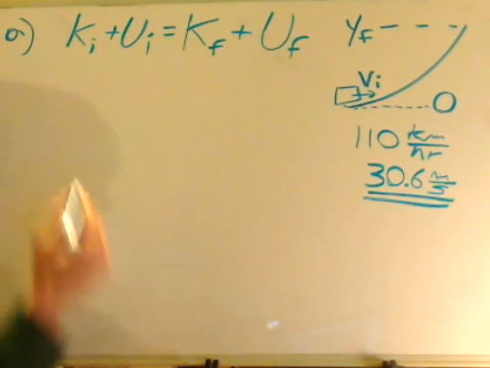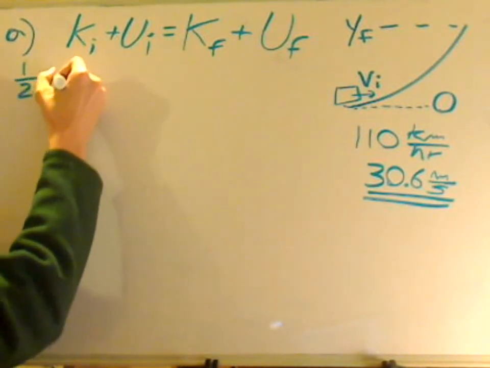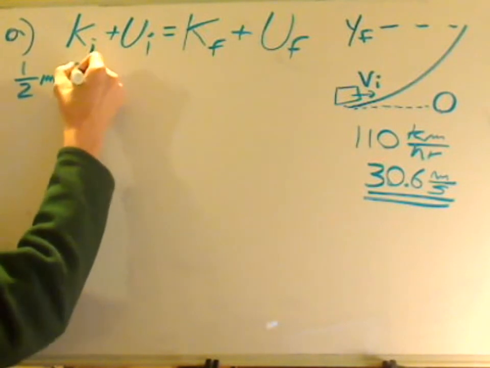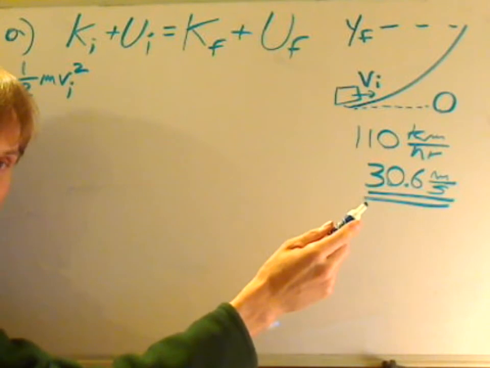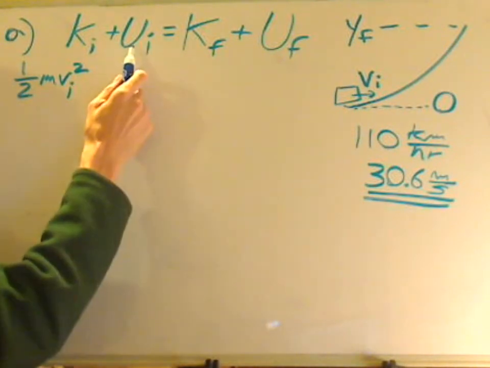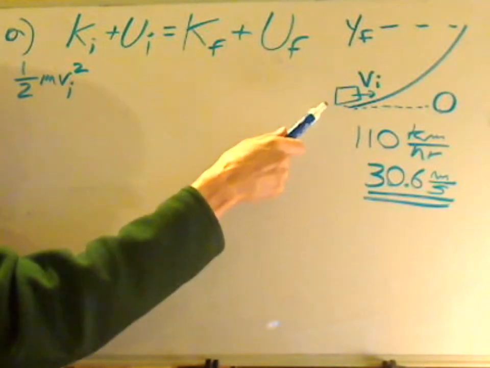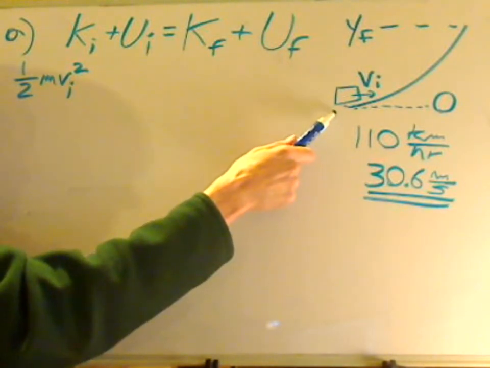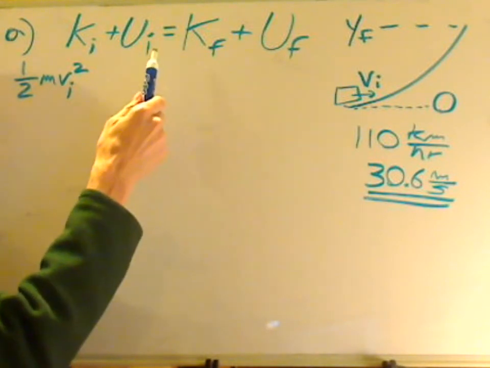All right, so our initial kinetic energy is 1/2 m v initial squared, where v initial is our 30.6 meters per second, plus potential energy, which is mg times the y height. Now we're taking our initial y height as 0, so our initial potential energy is 0.